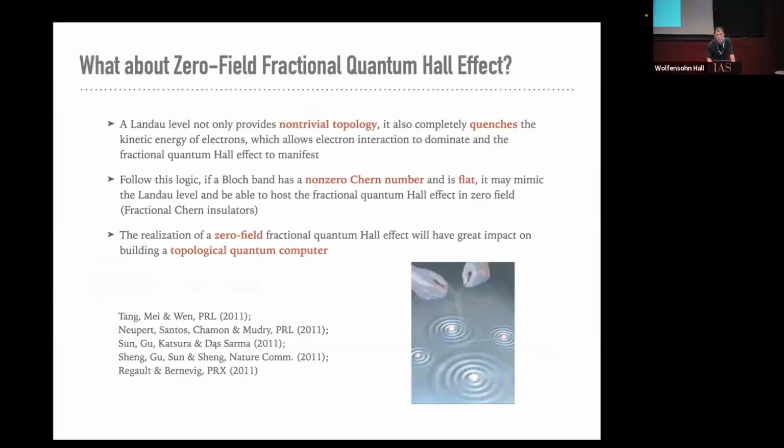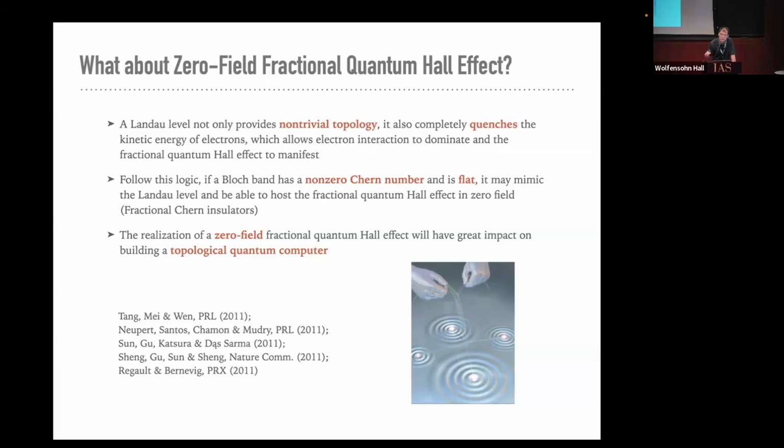So the question naturally is: what about the zero-field fractional quantum Hall effect? As it turns out, a Landau level not only provides a non-trivial topology, but it also quenches the kinetic energy of the system. In that case the interaction really becomes the dominating factor in the physics problem, and the fractional quantum Hall effect can manifest.